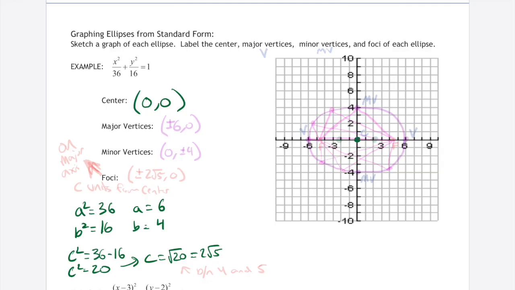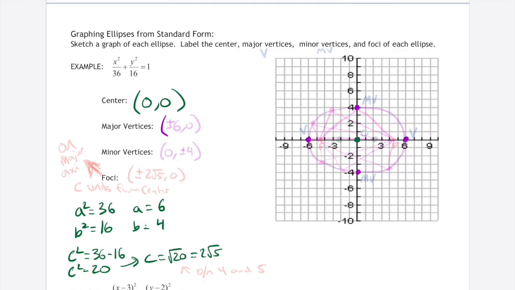Okay. So the major vertices. Because the 36 is under the x squared, I know the x direction is where I have to go 6 units. So I'm going to go from the center in the x direction, 6 to the right, and 6 to the left. In the y direction, I'm going to go, how many up and down? 4. So you've got your major vertices.